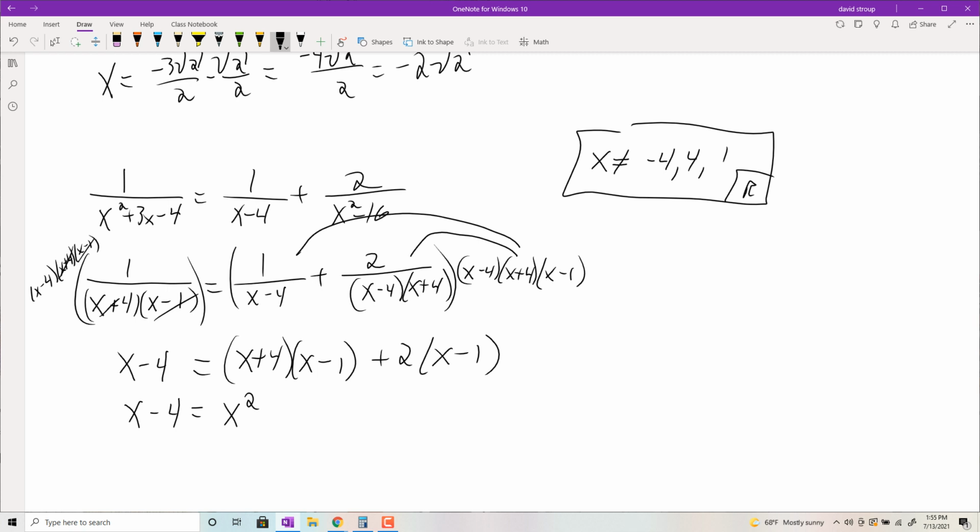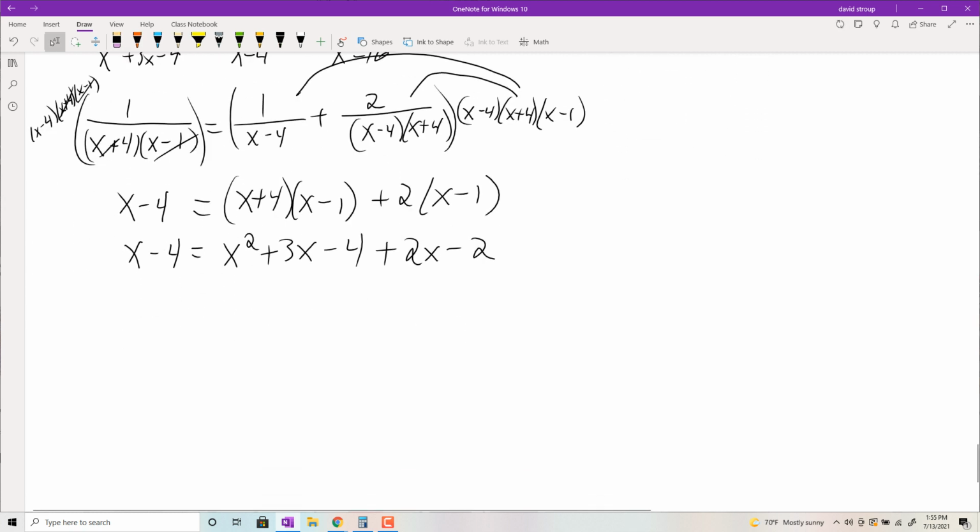FOILing: x squared minus x plus 4x is plus 3x minus 4, and then plus 2x minus 2. So we have x minus 4 equals x squared plus 5x minus 6.